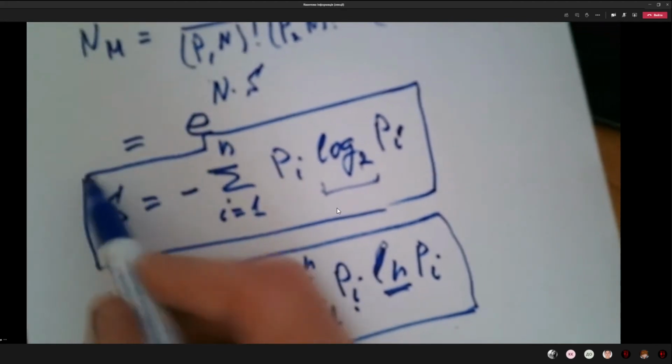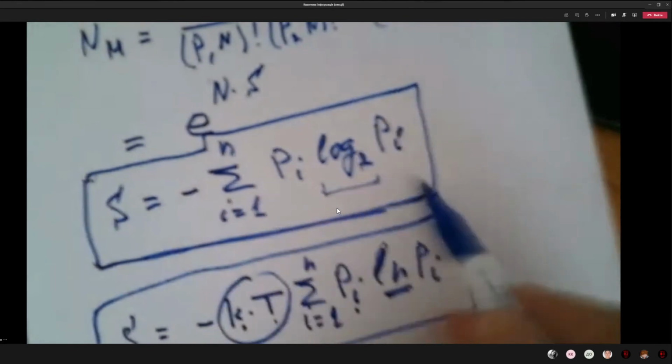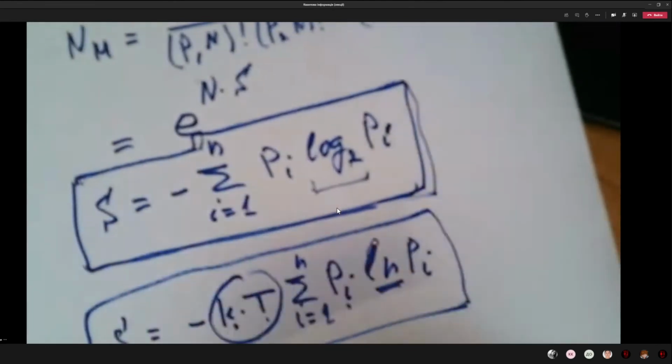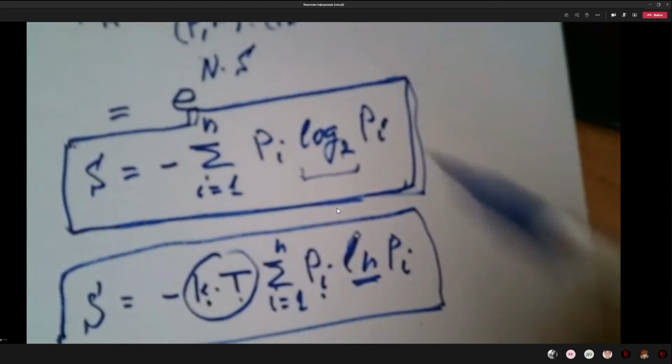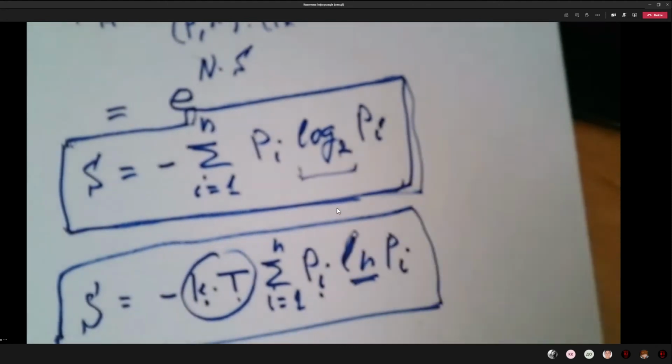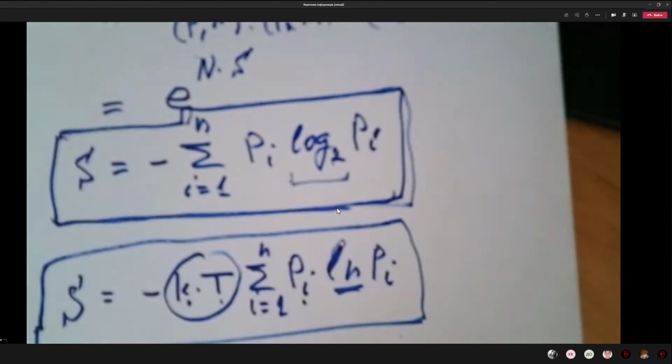And in information theory, entropy is a dimensionless value. The difference is only here: in information theory we have log with basis 2. Why did we consider such a log? I will explain in the next lecture, but now we can finish this lecture, and maybe you have some questions.